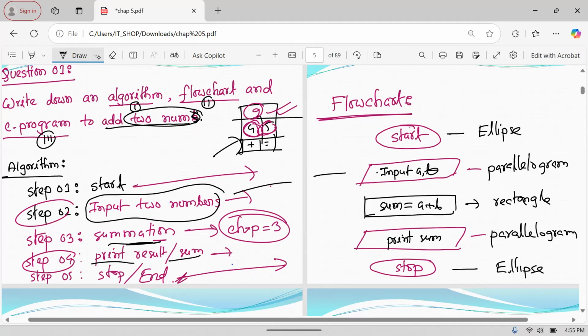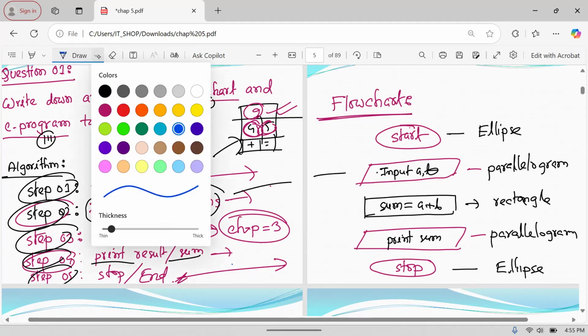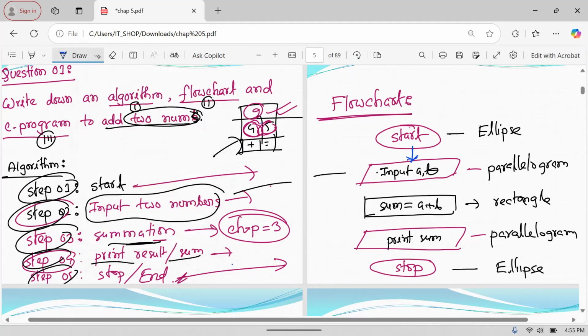Now in the algorithm part, we write step one, step two, step three, step four, and step five. But in a flowchart, there is no step one, step two, step three. So for that purpose, we use an arrow symbol to understand step by step how it will be going on.